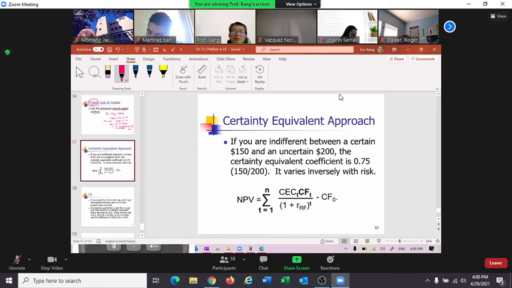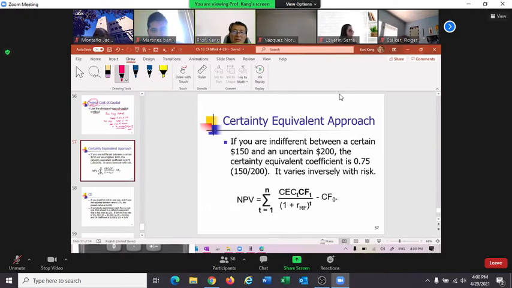So for example, you ask people, are you going to get $150 that is sure, risk-free, or how about $200, but that's risky?